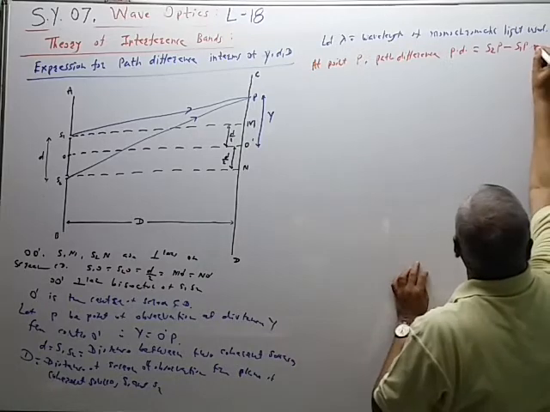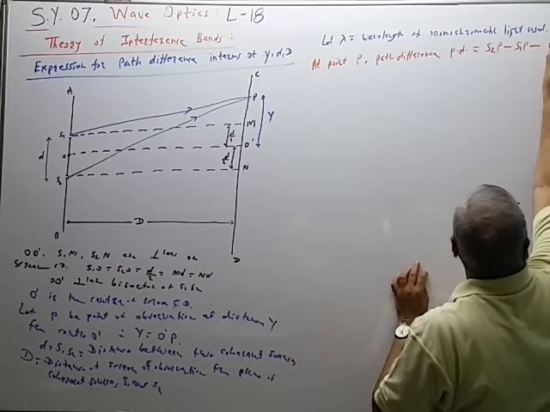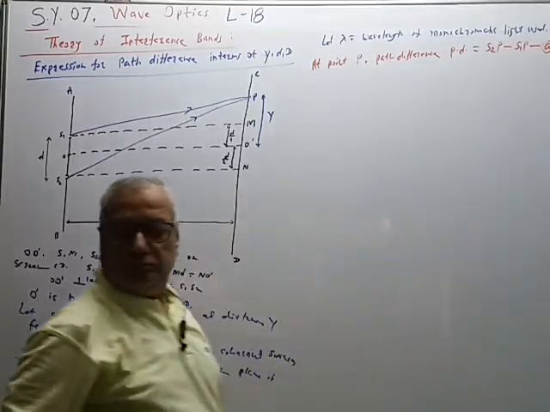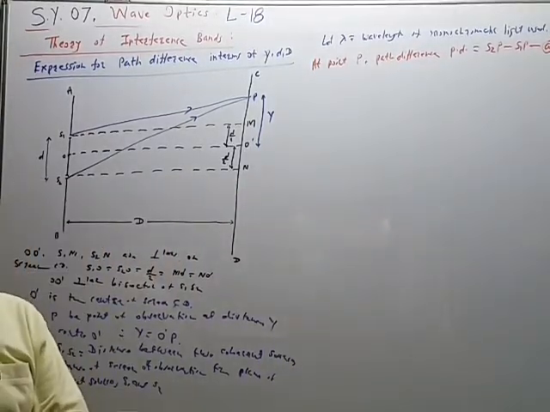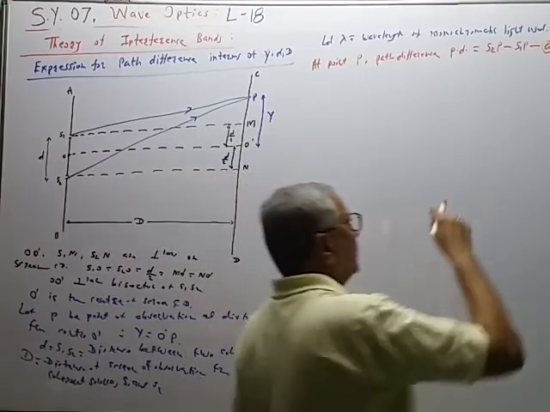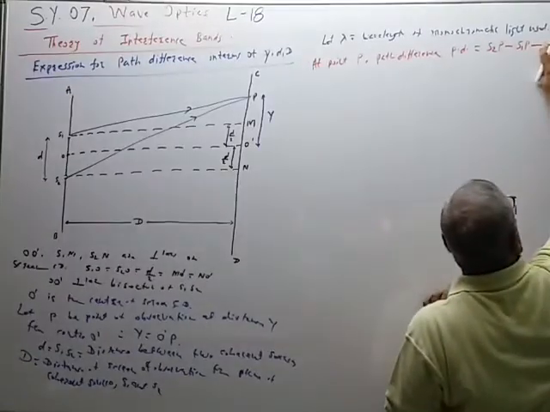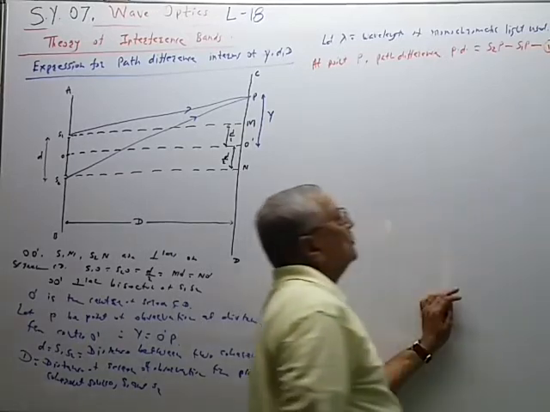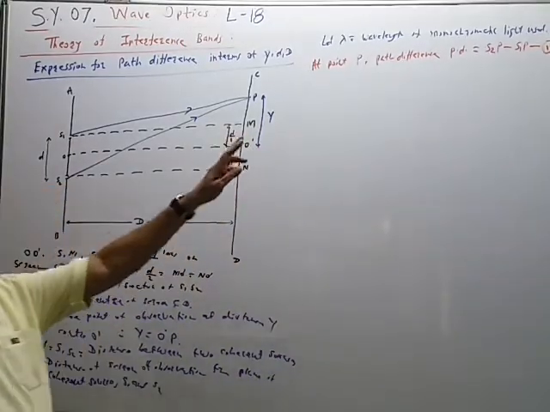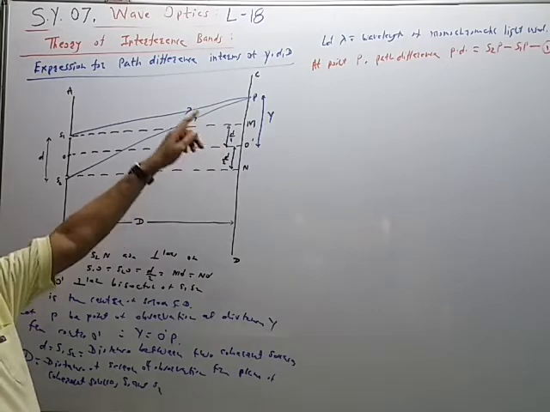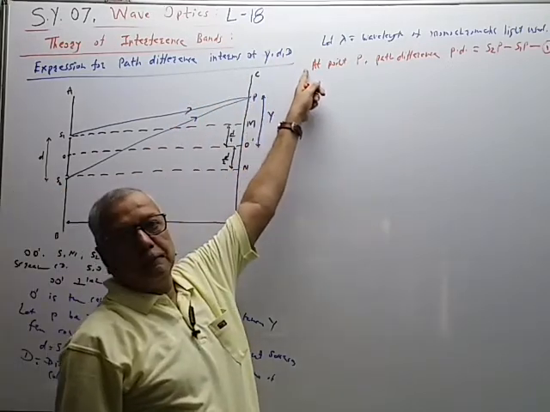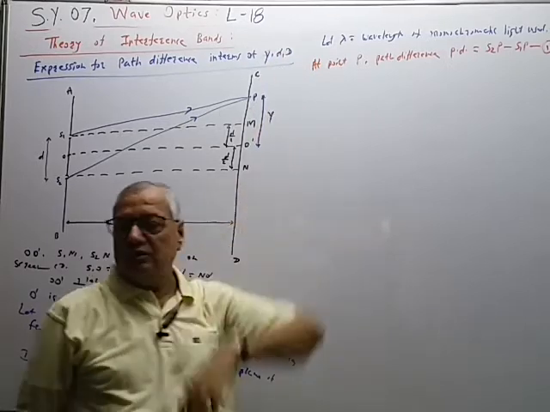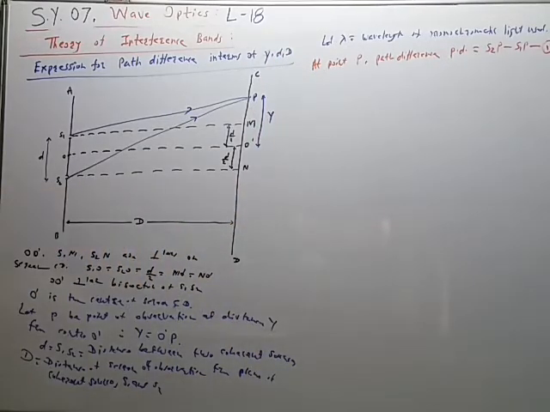This is equation 1. Now we have to find this S2P minus S1P in terms of y, d and D, and for that purpose we have to use simple geometry.